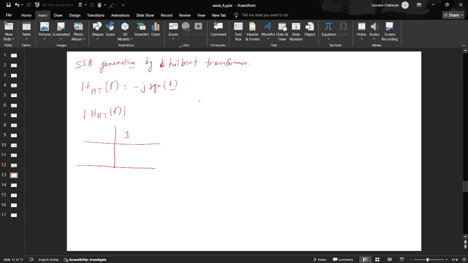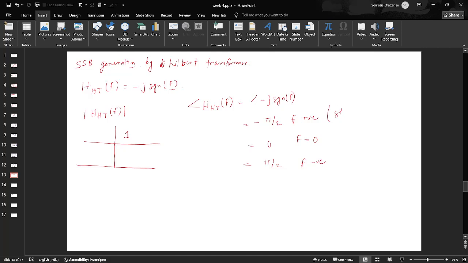And the phase response, if I draw the phase graph of H_HT(f), is the phase of minus j sgn f, right? So if f is positive, sgn of f is 1, so it's the phase of minus j, which is minus pi by 2 for f positive, zero for f zero, and pi by 2 for f negative.